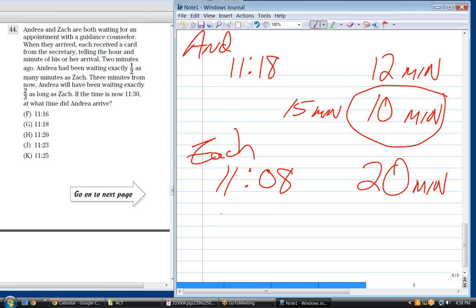It'll be 11:33, and Zach would have been waiting 25 minutes. Is that ratio 2 to 3? No, it isn't. Now the question is, do we know which direction we have to go with the time? Won't you have to go higher?